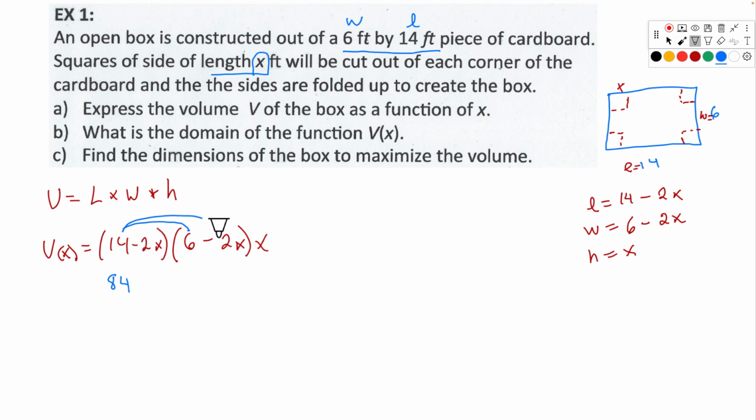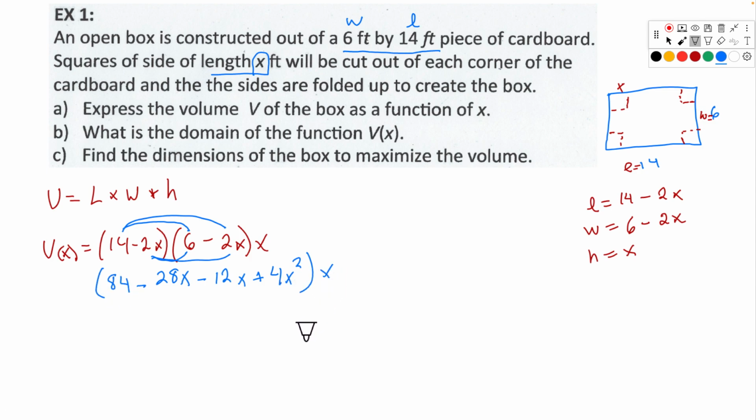And then 14 times negative 2, negative 28x. And then we take 2x times 6 and get a negative 12x. And then negative 2 times negative 2, which gives us a plus 4x squared.